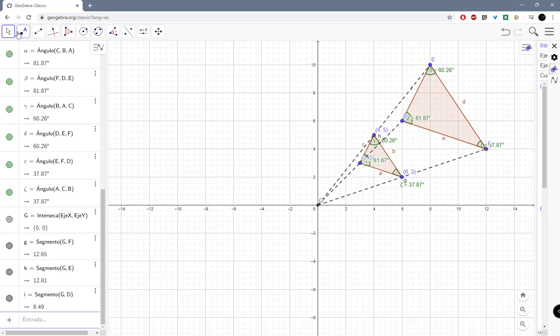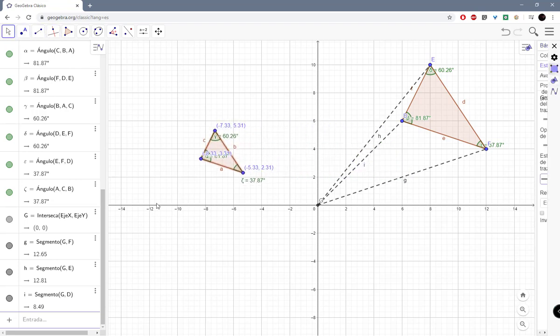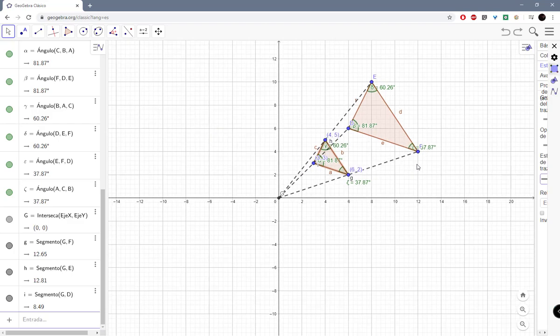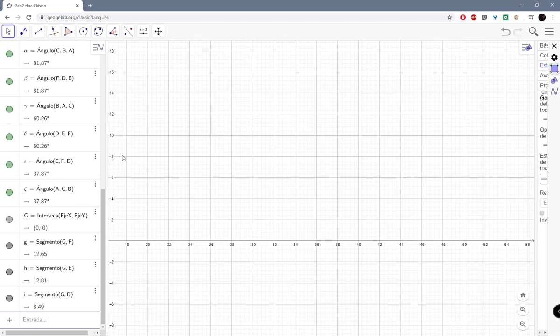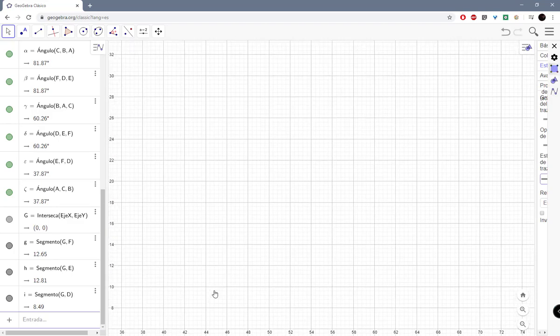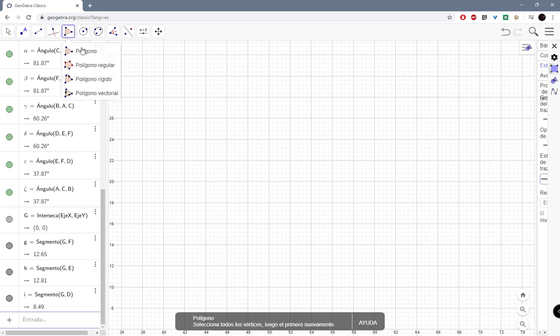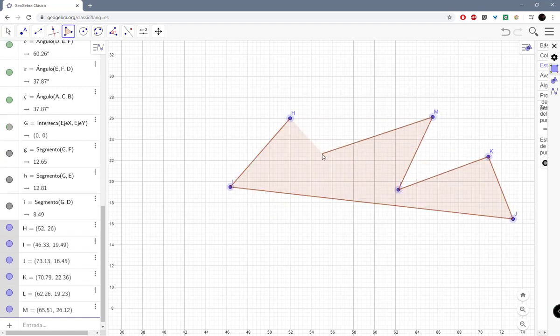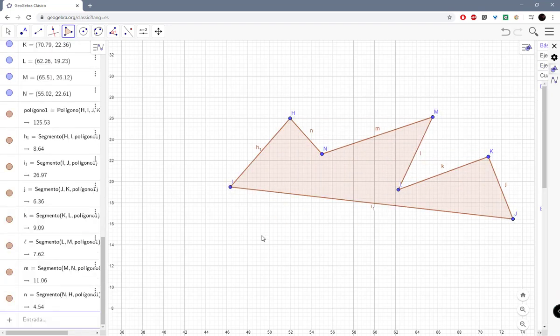Okay? But if we move it, what happened? Now they are not related, they are not actually connected. But you can do it by using this tool, and you can actually do it in any place of the Cartesian plane. Let me do it with this polygon, this random polygon that I am creating right now.